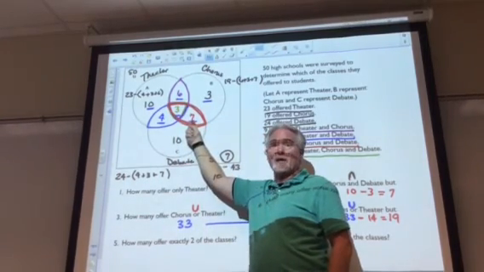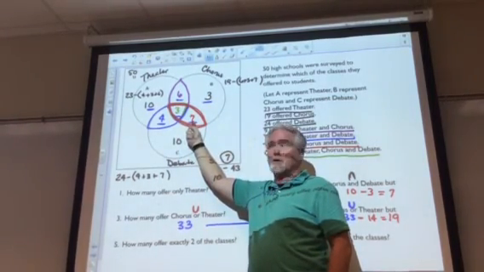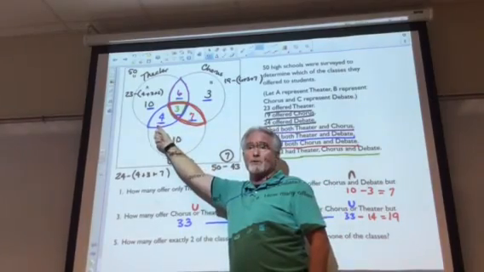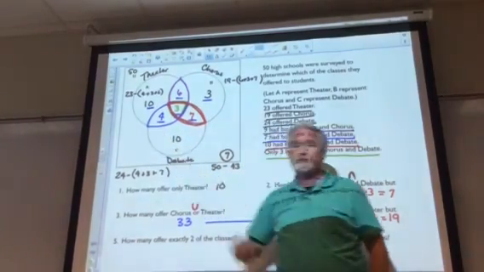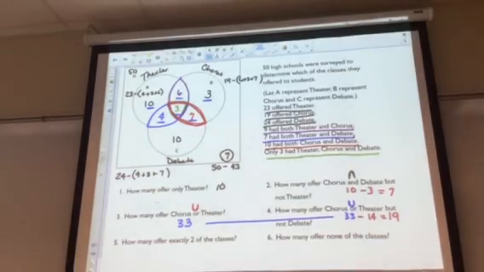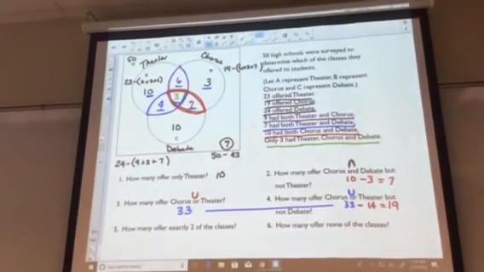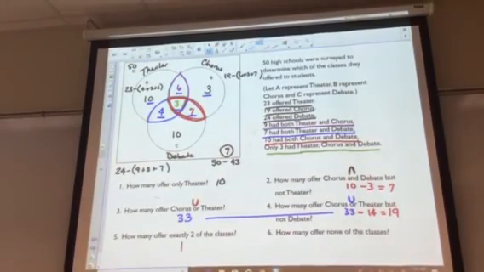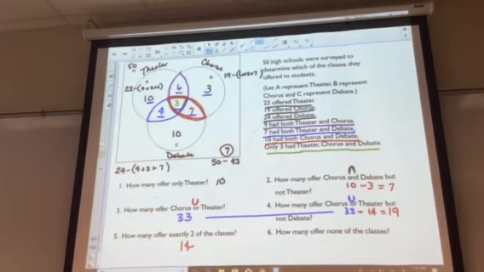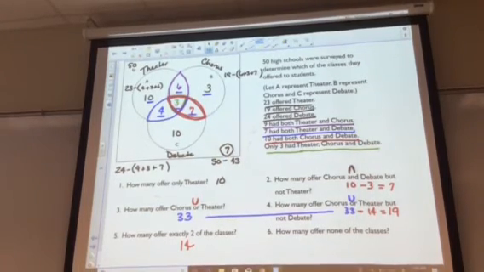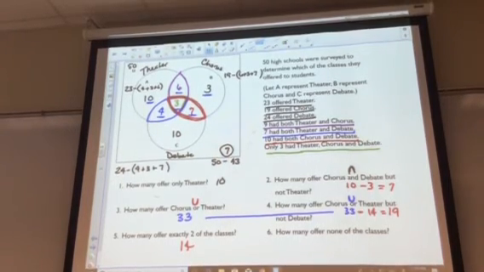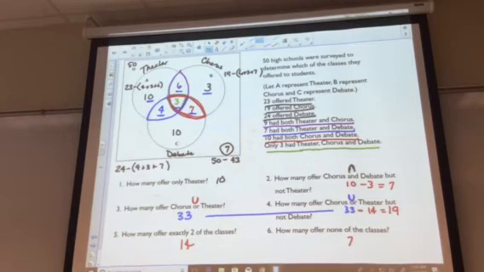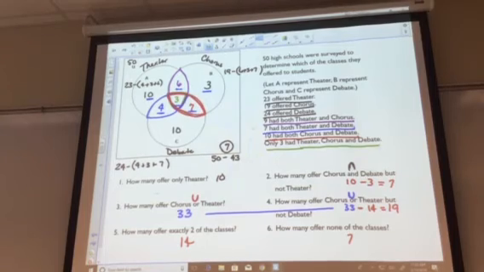These 7 belong to exactly 2 circles and no more. These 4 belong to 2 circles and no more. So altogether, we come up with 14. And then none of the classes? 7. If we can find all the individual pieces, then we're good.